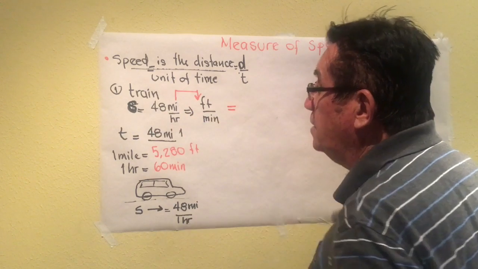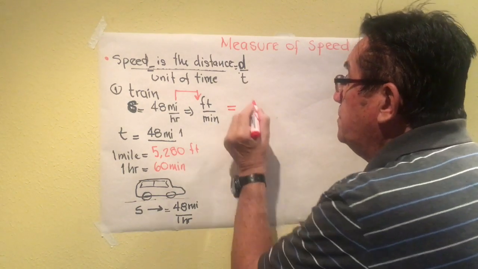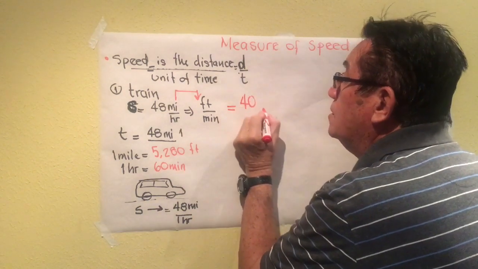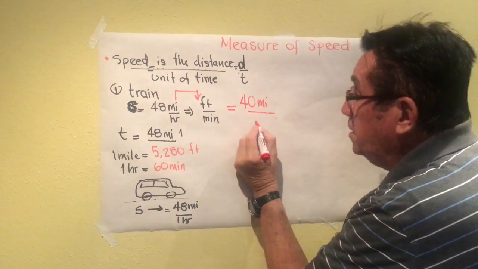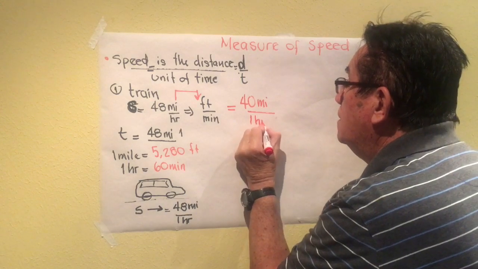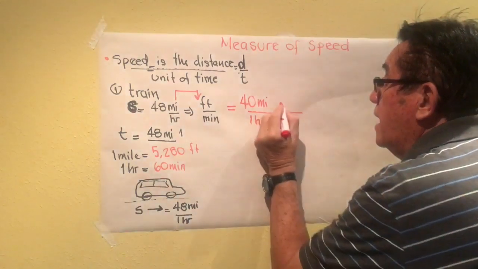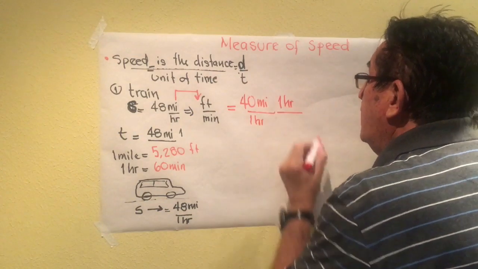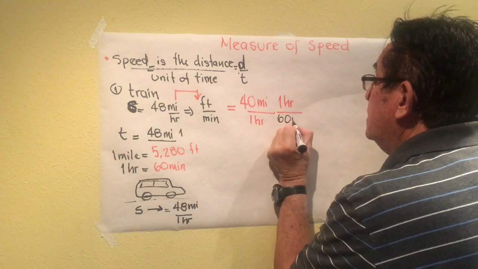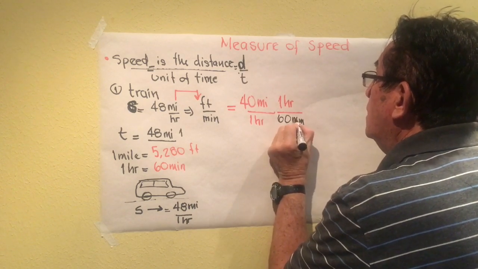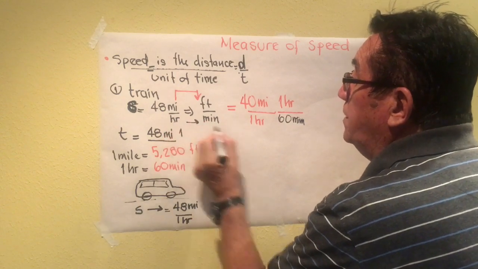So I will begin by saying that we have 48 miles that go in 1 hour. And I have to remember that 1 hour has 60 minutes, because I have to get from hours to minutes.